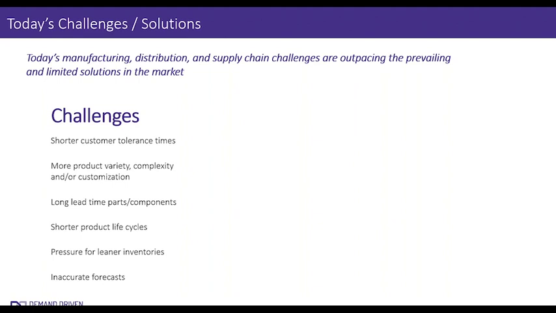So people are just expecting things within 2 days. We're also seeing greater product variety and complexity, long lead times on parts and components, and shorter product life cycles. All this being combined with pressure from finance to keep our inventories leaner. And we seem to all be managing this with an inaccurate forecast.